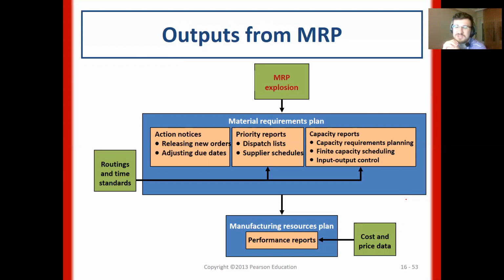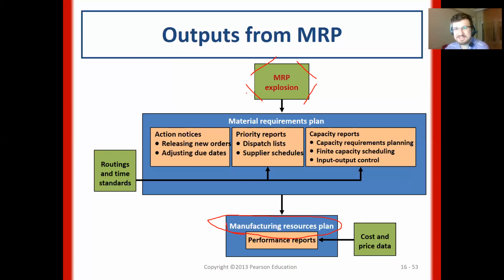We will even use those data for our capacity planning and so on. And later on, all of these will be used to develop our manufacturing resource plan. So that's why MRP explosion is a very critical step for manufacturing plans.